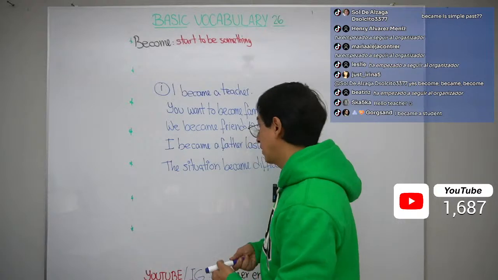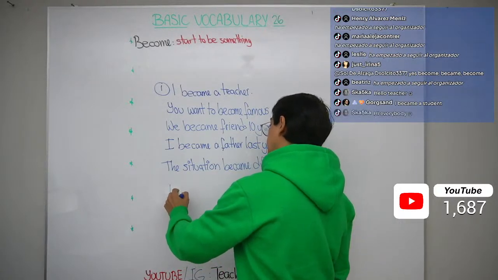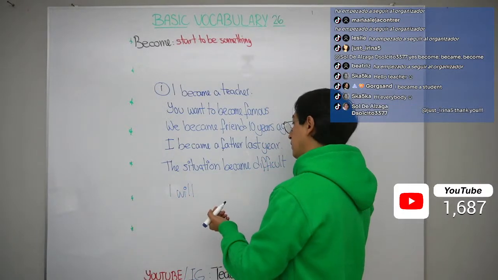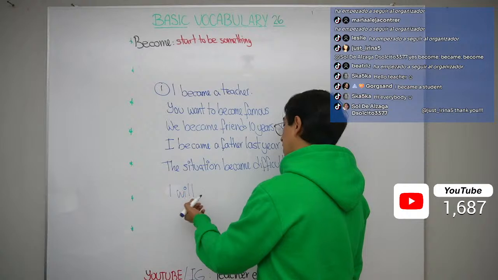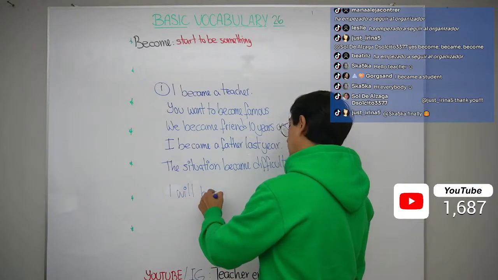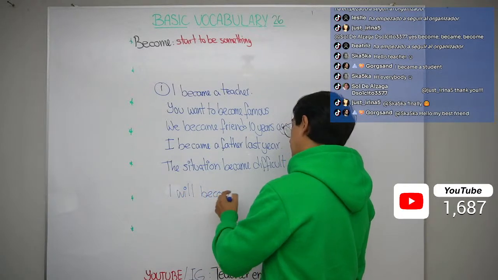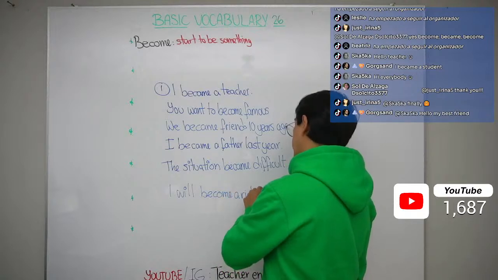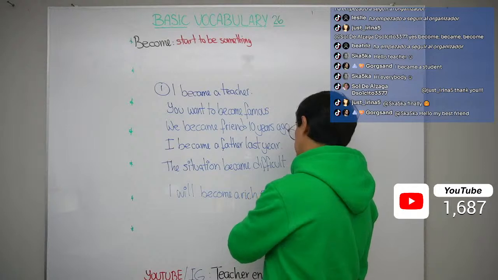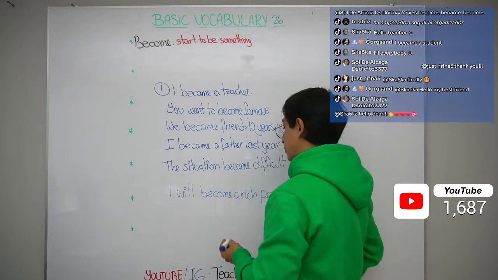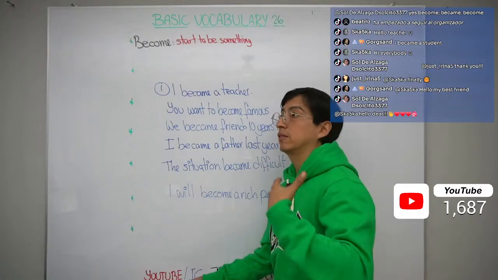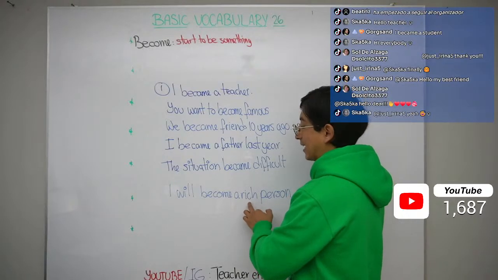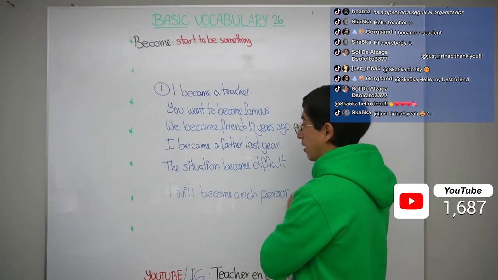Yo puedo decir, if you want to use a simple future sentence, I will become, okay, I will become a rich person. Puedes usarlo en futuro. Yo me convertiré o yo llegaré a ser una persona rica. Okay, I will become a rich person.